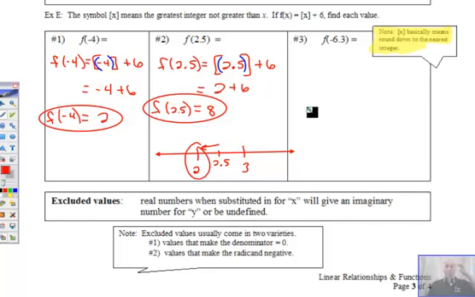Let's look at this next one. It's not as obvious. If you don't believe me, pause this video, do number 3, and then when you're finished, unpause it and watch what happened. It's likely that you made a mistake, because most people do.